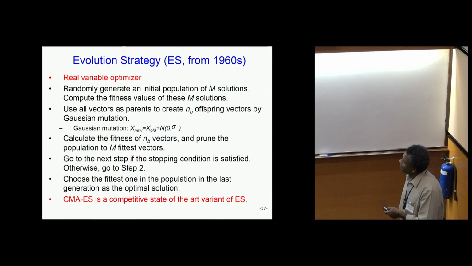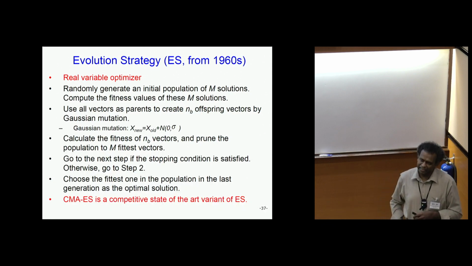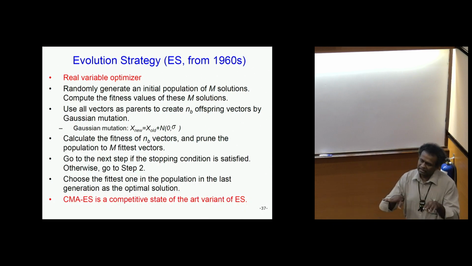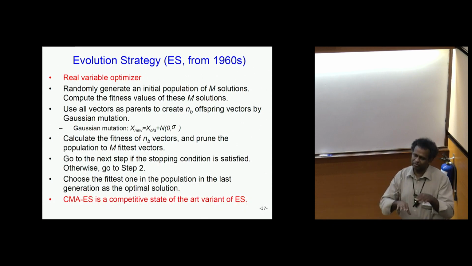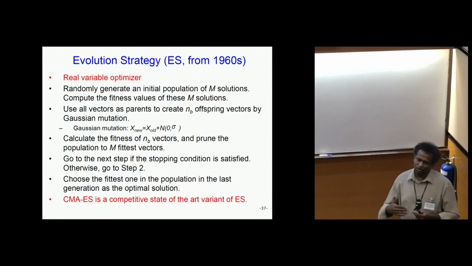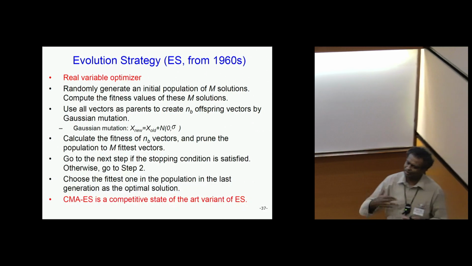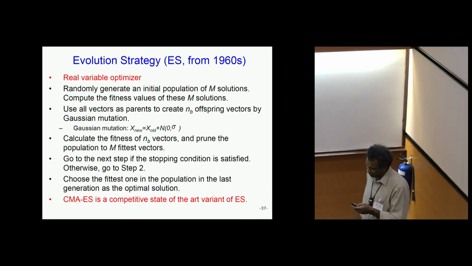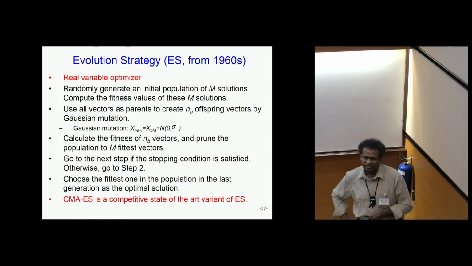And it works very well when your decision variables are linked. So there is a linkage between your decision variables, where line search and optimizing one decision variable at a time doesn't work. Then you can make use of this CMAES. So you can try this CMAES. It's easy to use.